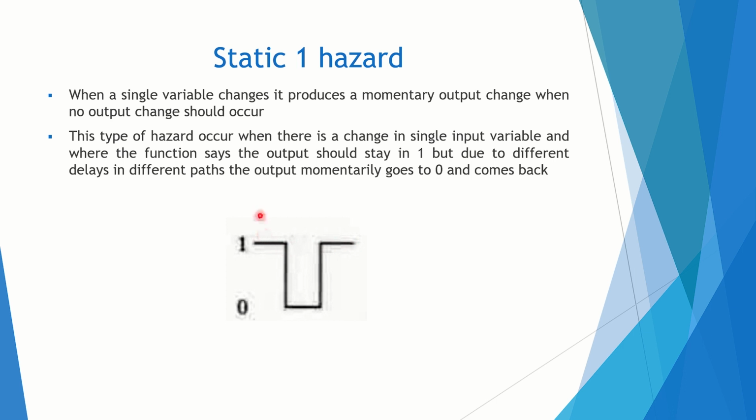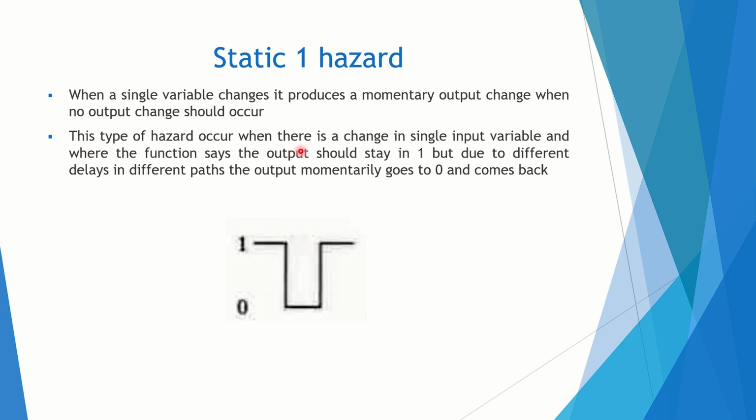But when a single input changes from 0 to 1 or 1 to 0, the output goes to 0 and then comes back for a small amount of time. Like this hazard is called static 1 hazard.